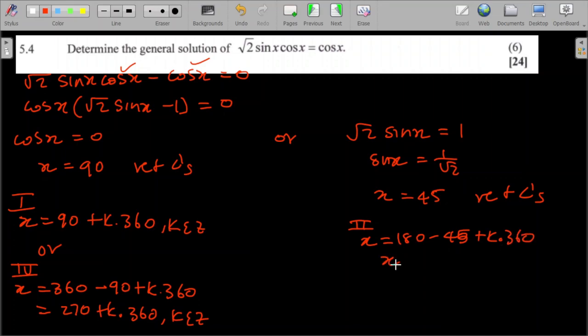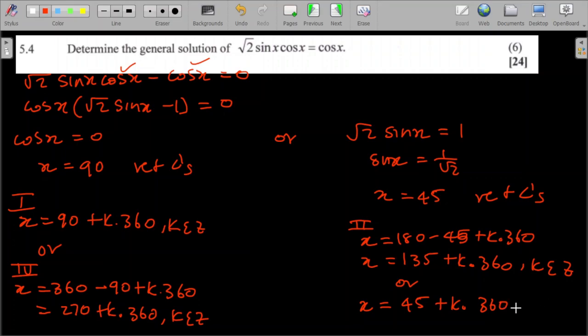So what is 180 minus 45? It's going to give us 135. So x is equal to 135 plus k times 360, where k is an element of integers. Or sine is positive also on the first quadrant. Oh, I forgot that. I started with the second one. The first quadrant is just 45 plus k times 360, where k is an element of integers.